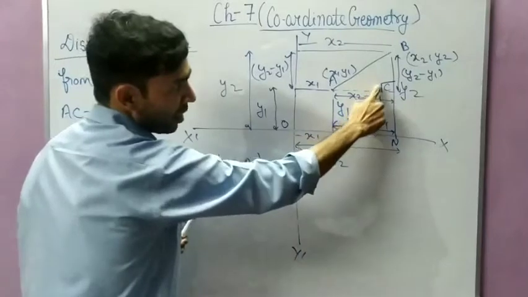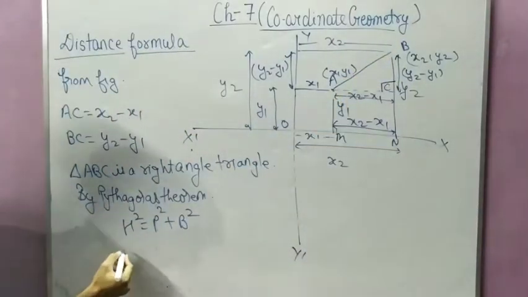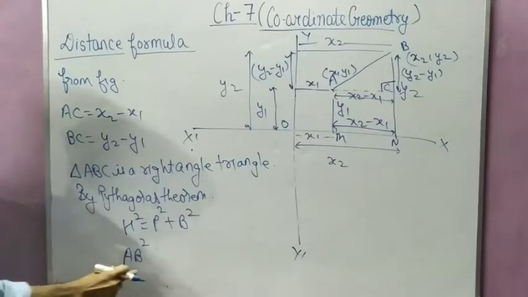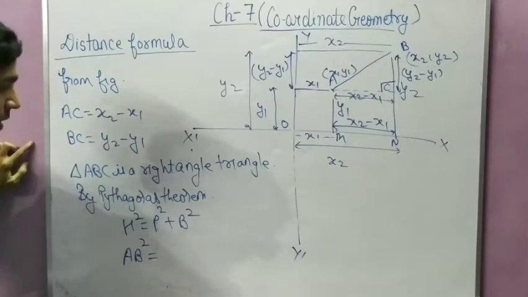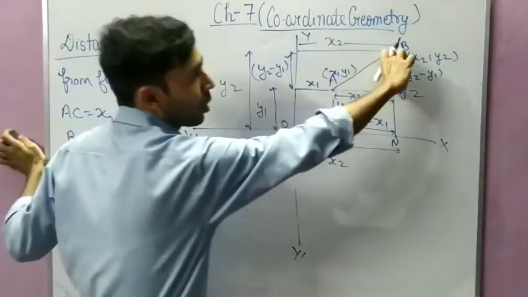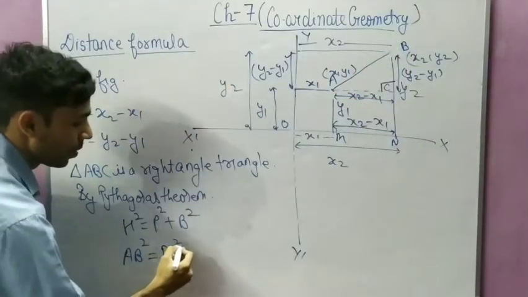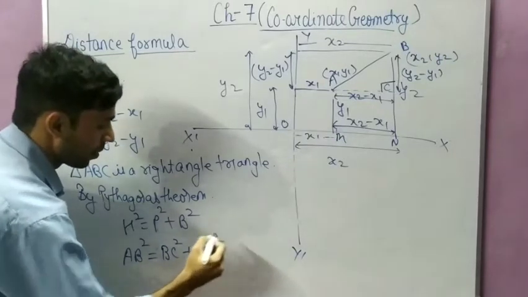This is 90 degree, so the side in front of 90 degree is AB. So in place of h we can write AB square, because hypotenuse is AB, so AB square is equal to P, perpendicular. Perpendicular is BC, so it will be BC square. And what is base? It is AC square.